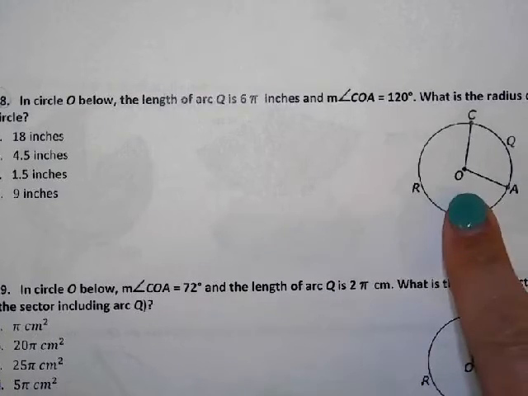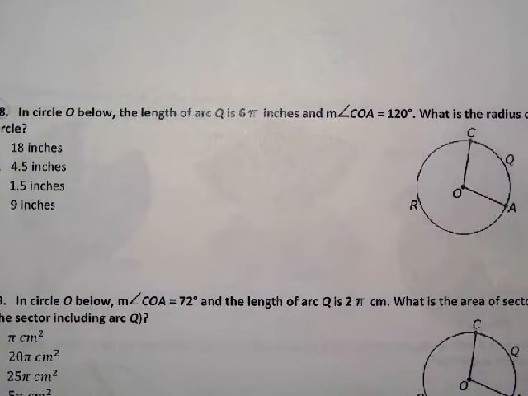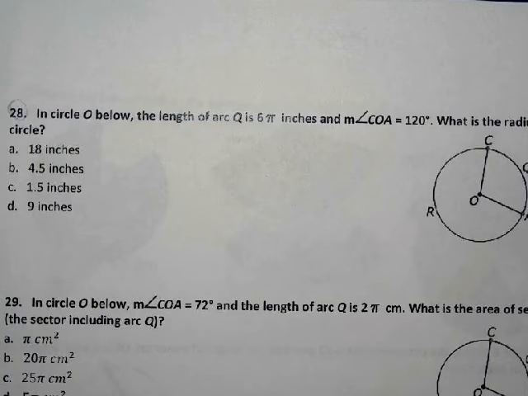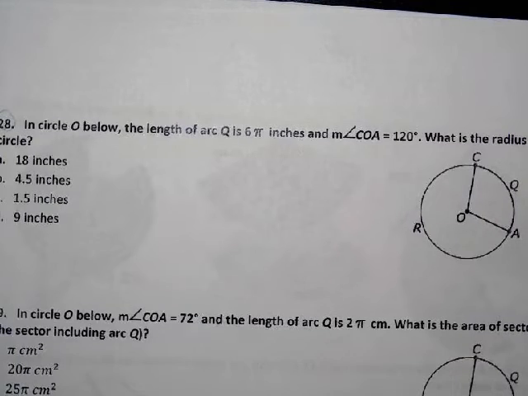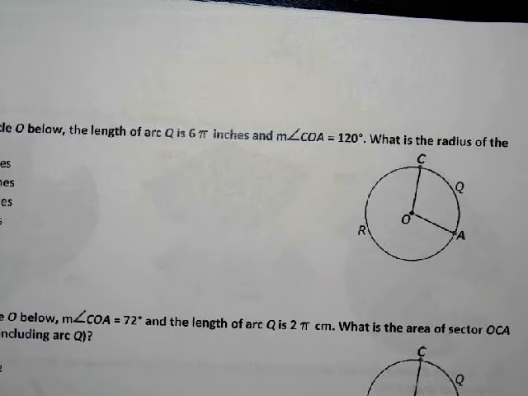Okay, so it says in circle O, the length of the arc is 6 pi inches, and the measure of COA is 120 degrees. What is the radius of the circle? So based on the information given, are we finding a length? Are we using the length formula, or are we using the area formula?